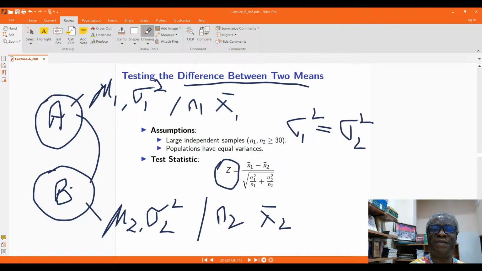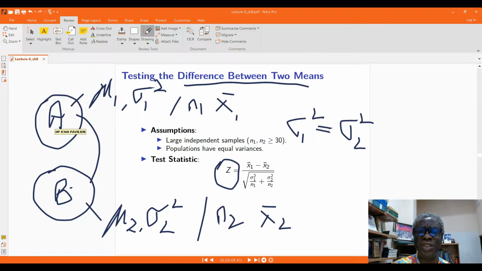That is, the variance of the first population is equal to the variance of the second population. This second assumption may usually be very difficult. You would even have to test it, but we are not going to. So for now, we are only assuming that they are equal.